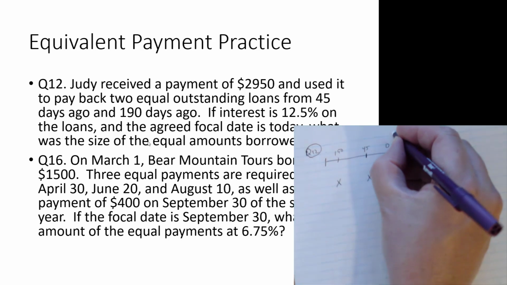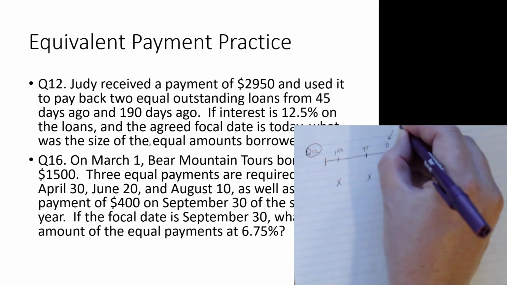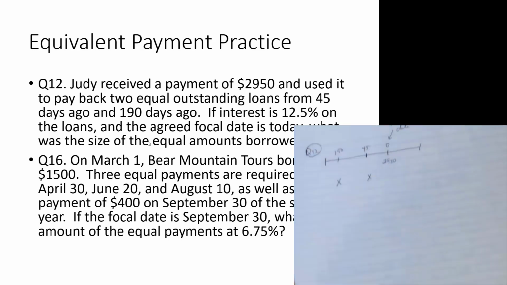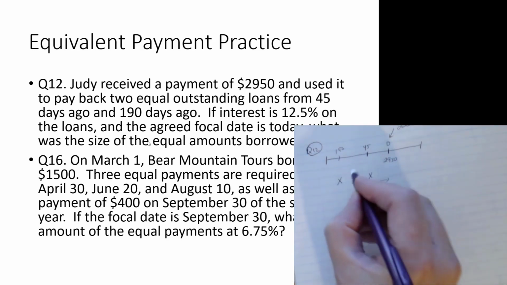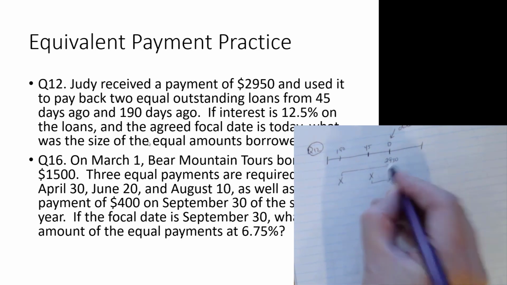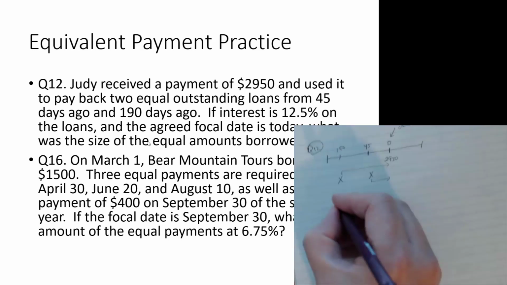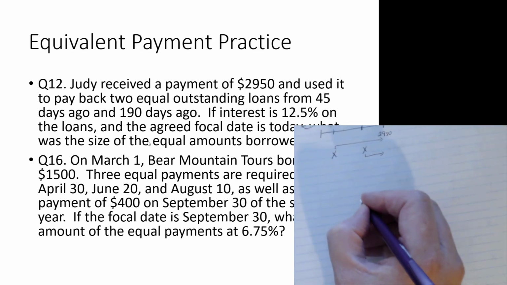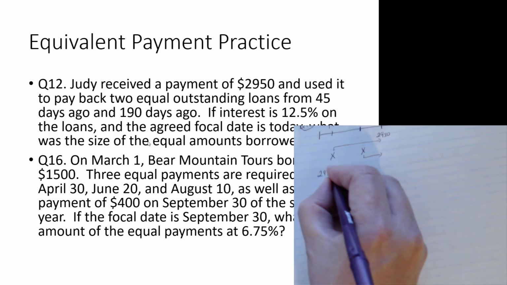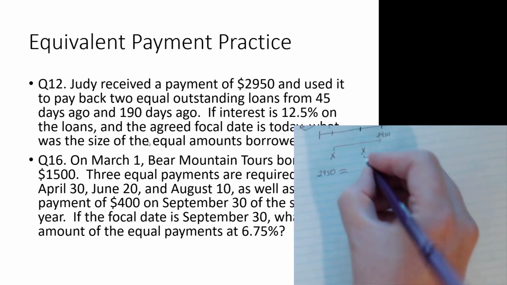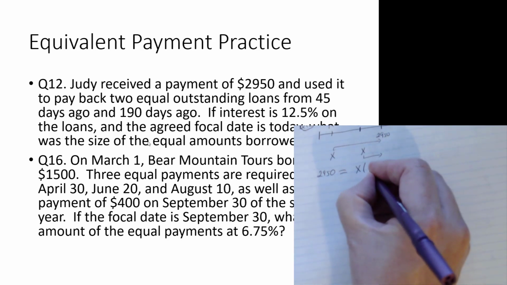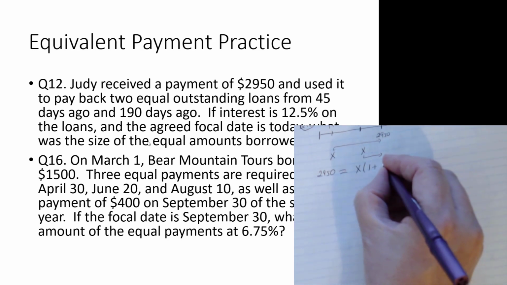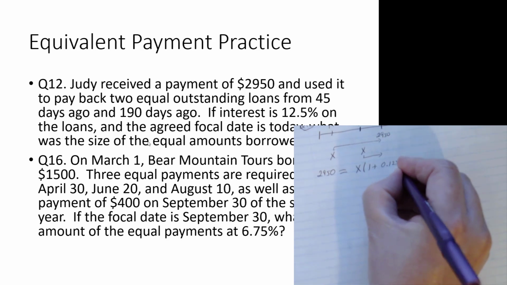So the focal date is today. So all the payments are going to be examined as of that focal date, which means the X is going to go into the future and the other X is going to go into the future. So the $2,950 is equivalent to or equal to a payment of X. I don't know how much it is. 1 plus, what's our big bad interest rate? 0.125.